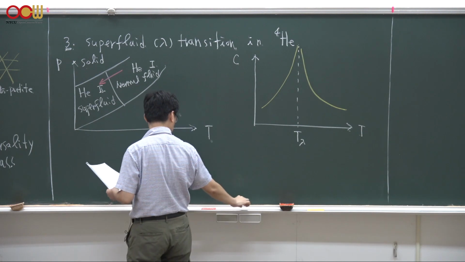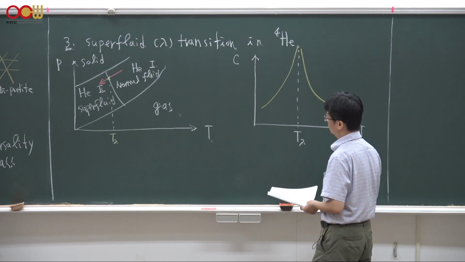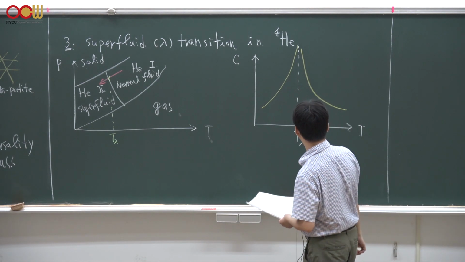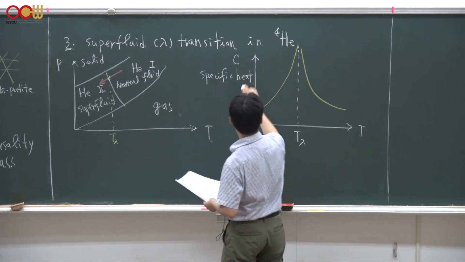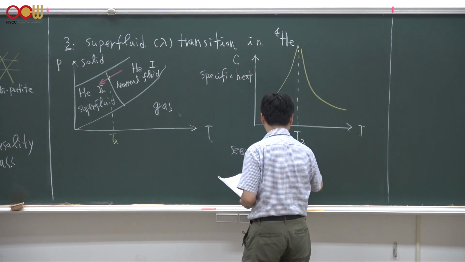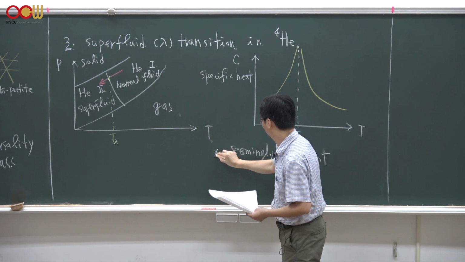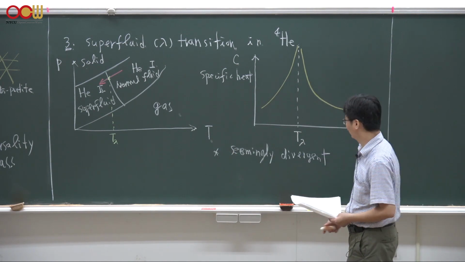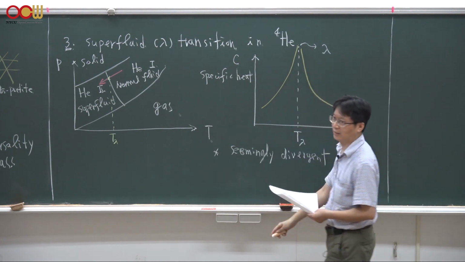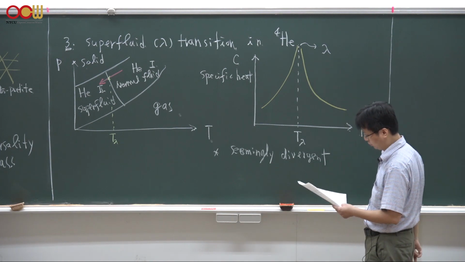At the critical temperature, or lambda transition temperature, the specific heat of liquid helium-4 seemingly diverges. Okay, like this. Later we'll see that this is not a true divergence. The shape of this divergence looks like a lambda, and that's why we call this the lambda transition.